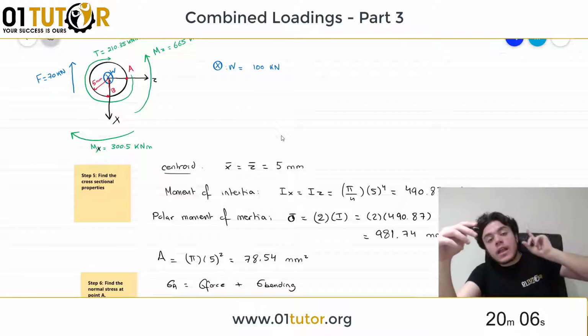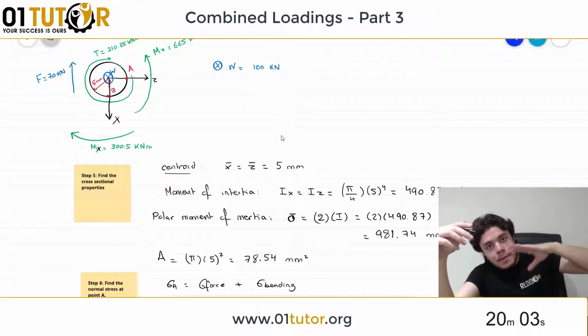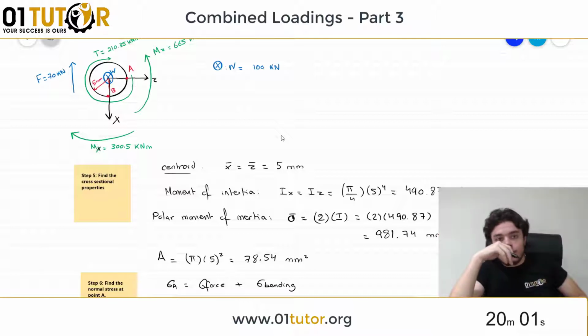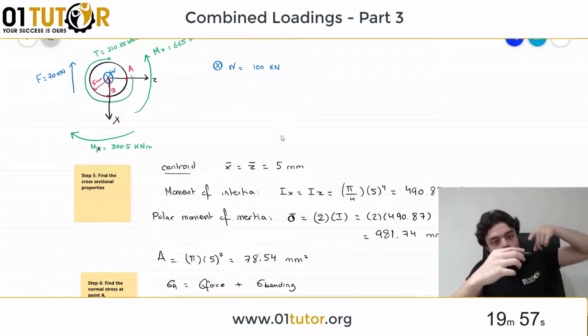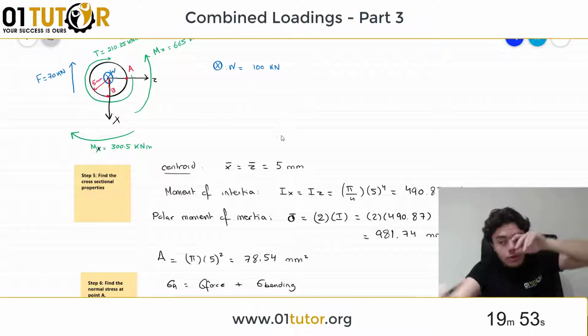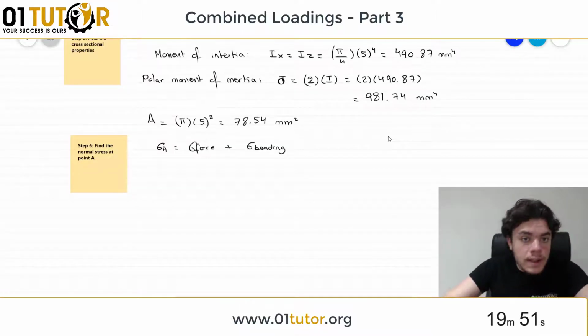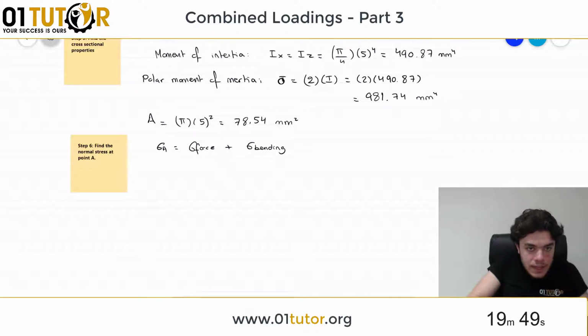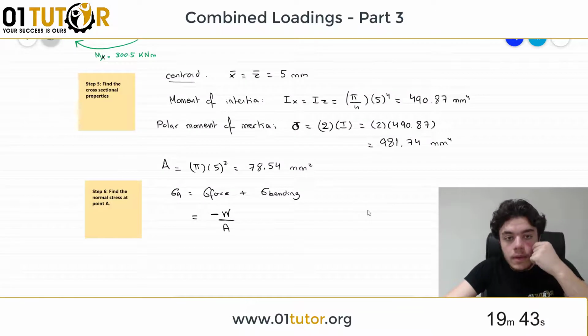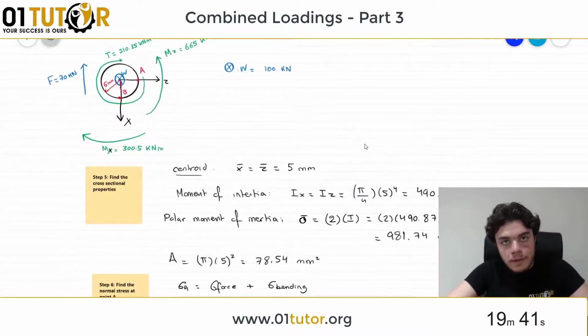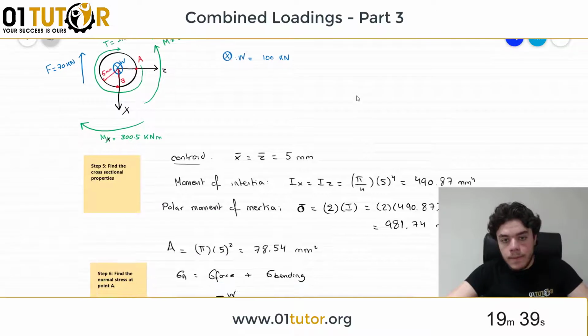Because recall, normal forces are forces that are perpendicular to the area of interest. And what is the area of interest in this case? It is the area of the cross-section. And notice that W, which is the weight, is acting in a way that is perpendicular to the cross-section. So W is causing a compressive force, and therefore it's going to be minus W over A. Okay? The effect of the force is uniform, and it's equal to the force over the area.